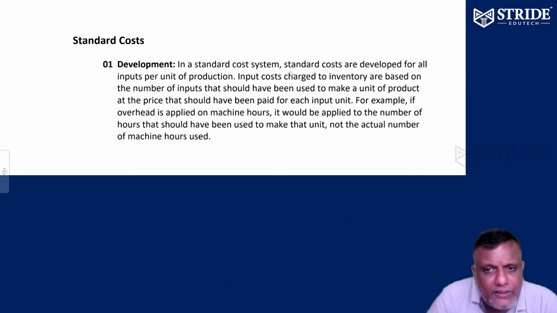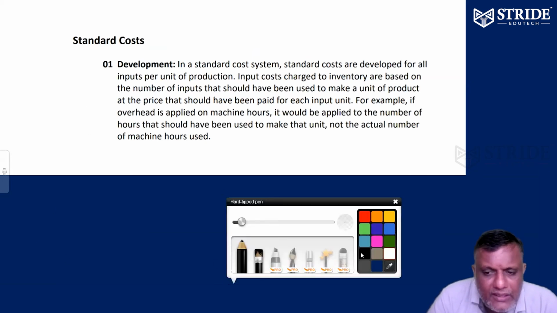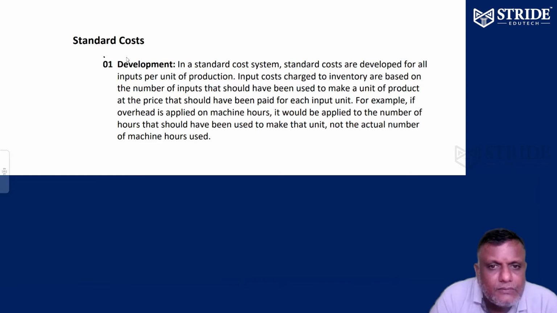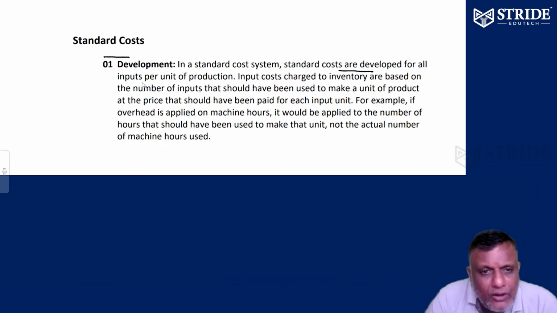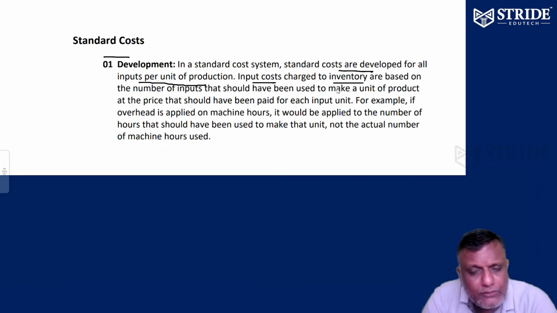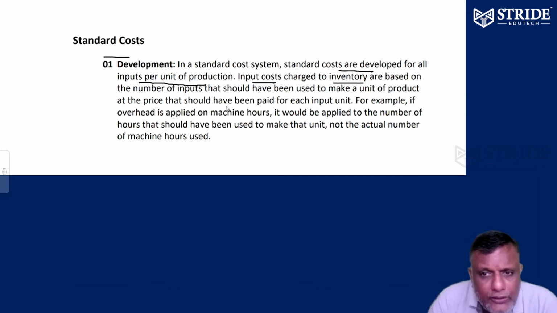Upper, we have to develop standard costing. In a standard costing system, standard costs are developed for all inputs per unit of production. So the input costs, we are going to charge to inventory, such as material input. This is the number of units that should have been used to make per unit of product.